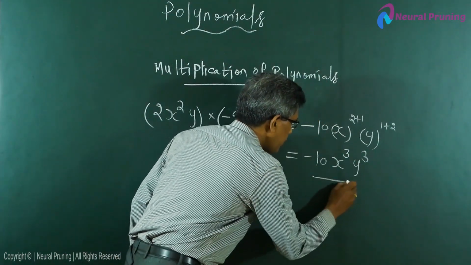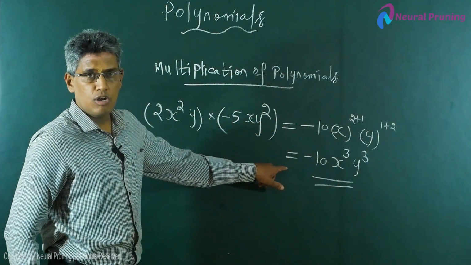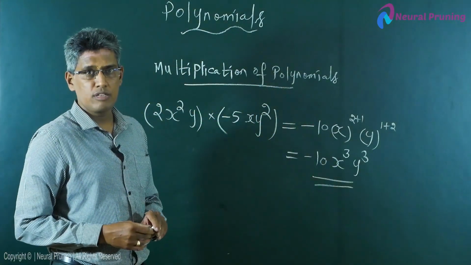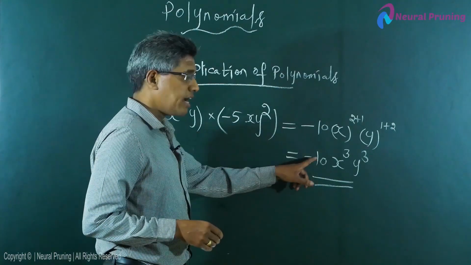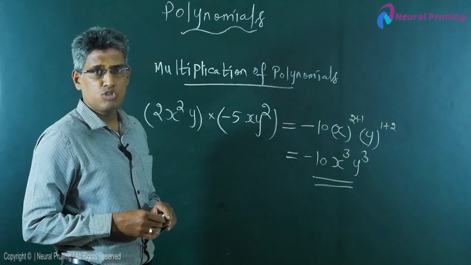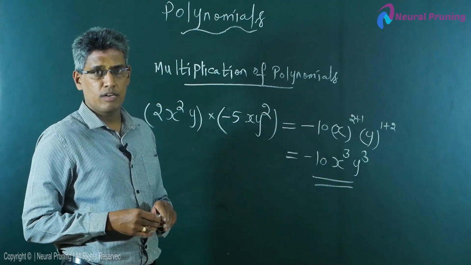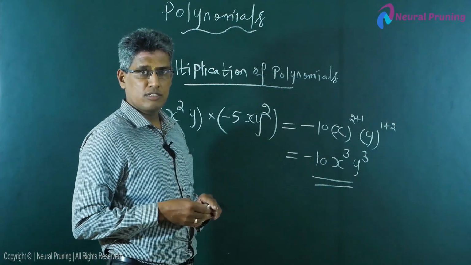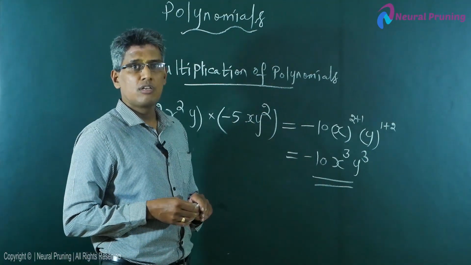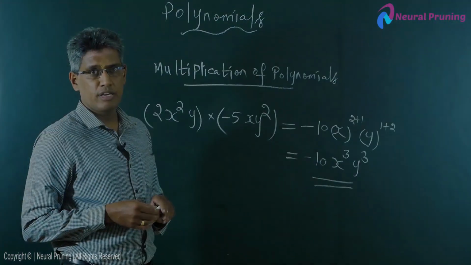If you look at the result of multiplication of two polynomials, it is quite clear that this also happens to be a clear example of a polynomial. So what we can conclude is, when we multiply two polynomials, we get another polynomial.